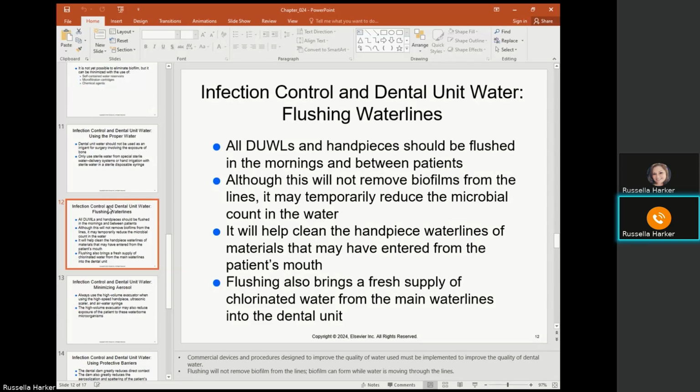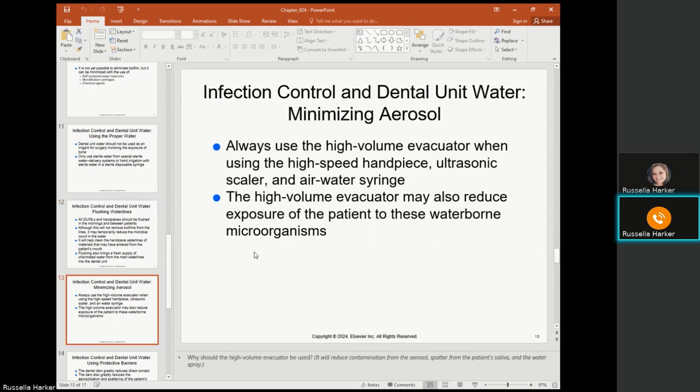I mean, it is, but it has a tooth fragment in it. So really it's not sterilized because it's not in the state that it should be in. Also, it will help clean the handpiece water lines of materials that may have entered, like from the patient's mouth, like I said, the filling materials, and flushing brings a fresh supply of chlorinated water from the main lines into the dental unit.